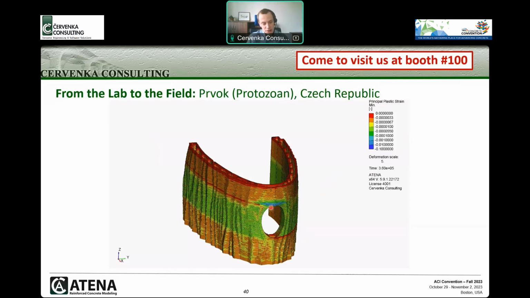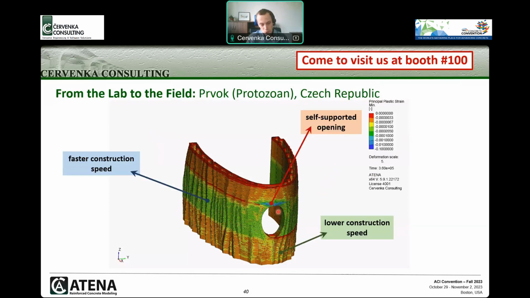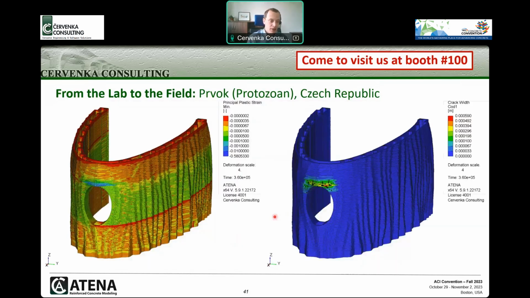And of course the highest damage would be on the top of this opening, because it was only self-supported due to the arching effect. So of course we can understand that there might be some damage due to the printing. The Atena software also predicted cracking in this region.